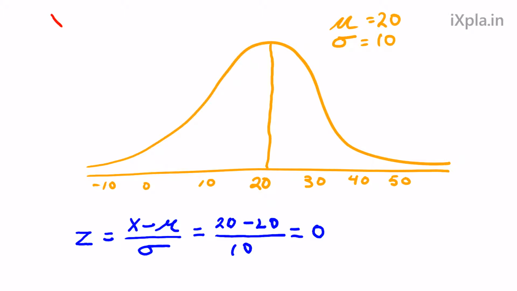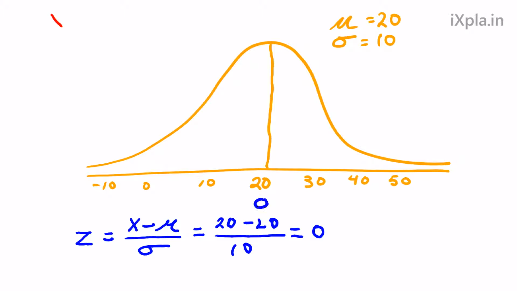I'm going to take the mean and plug it into this equation. How could I translate a raw score of 20 into a z-score? I would take 20, which is the raw score, minus 20, which is the mean, divided by the standard deviation, and I would get 0.